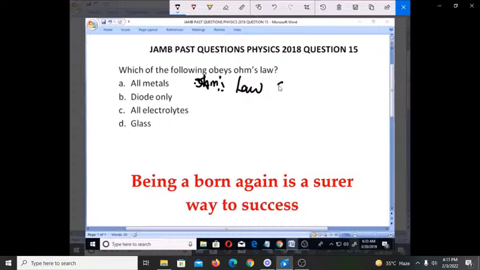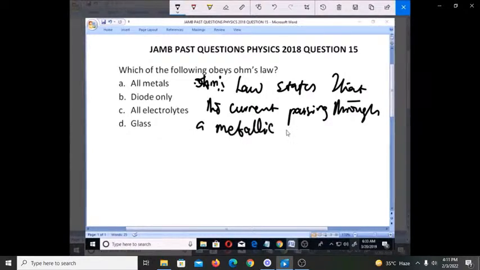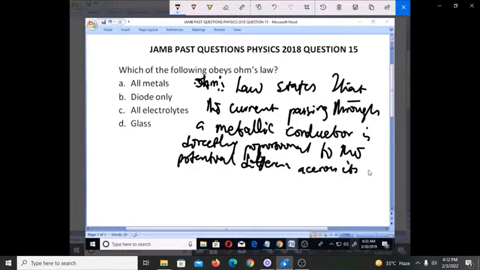Ohm's law states that the current passing through a metallic conductor, you see why I say it has to do with metals, is directly proportional to the potential difference across its ends. That is the statement of Ohm's law.